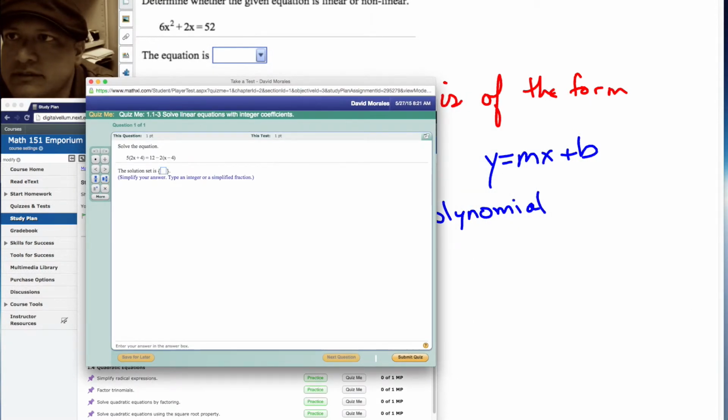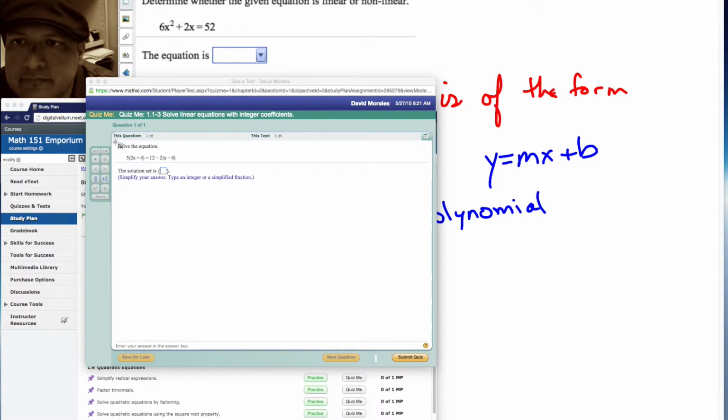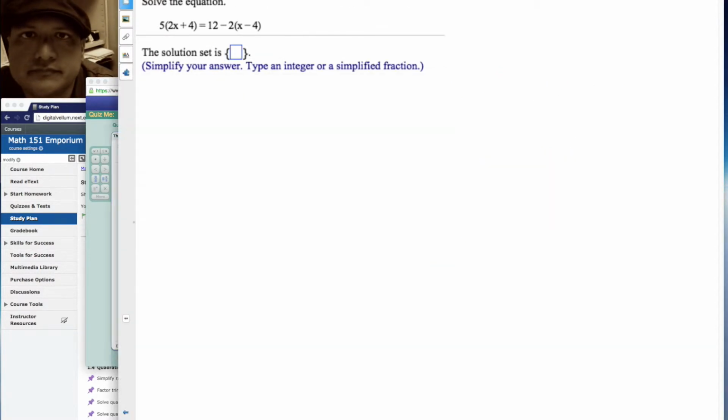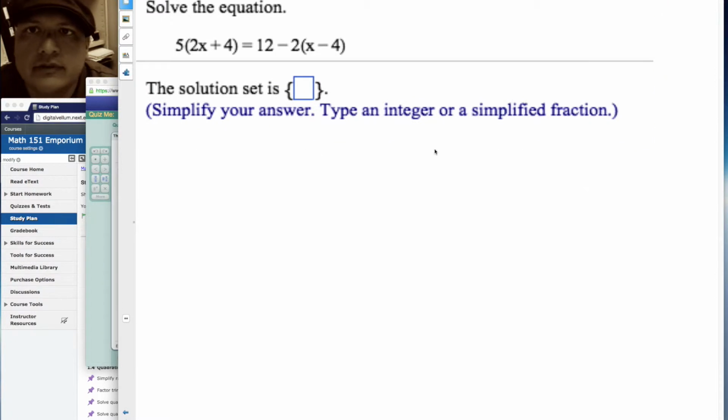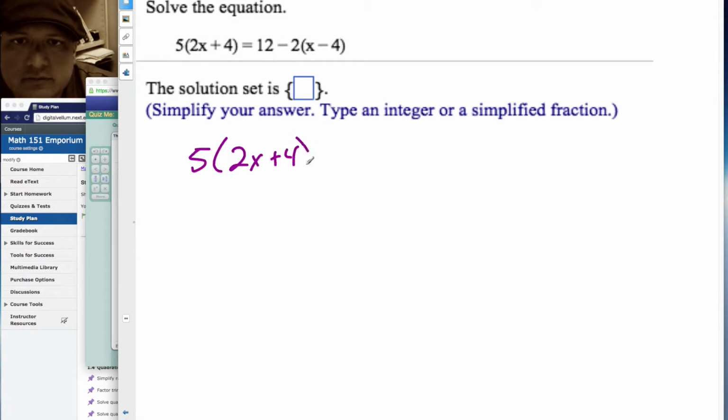Solve this equation. Okay, so we're going to solve 5 times 2x plus 4 equals 12 minus 2 times x minus 4.